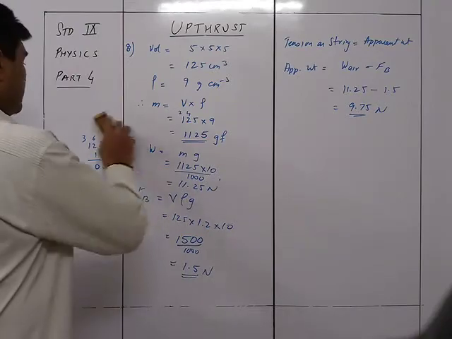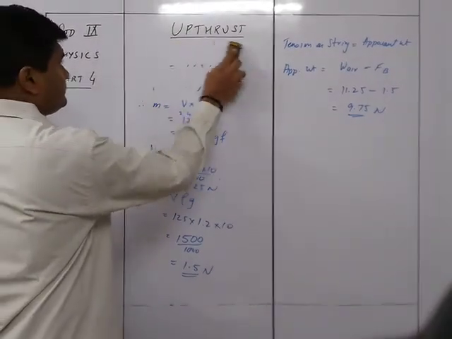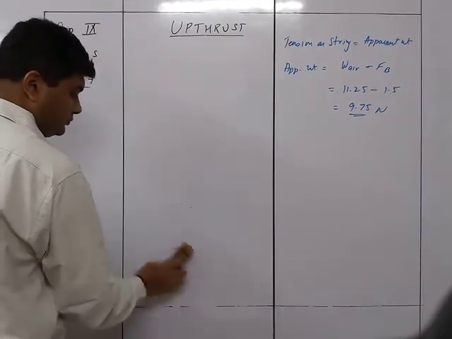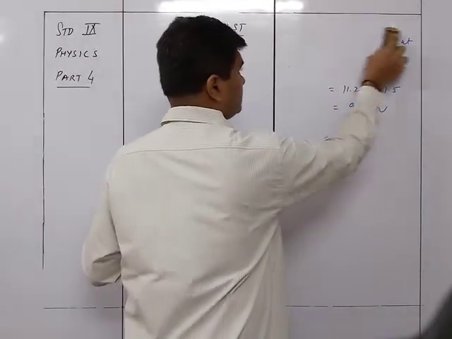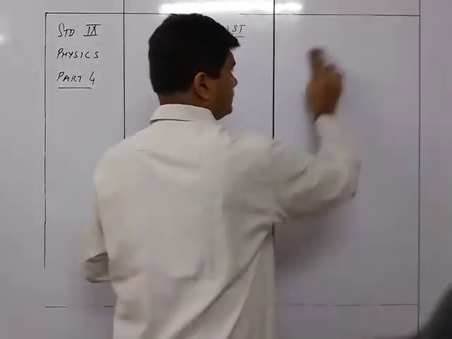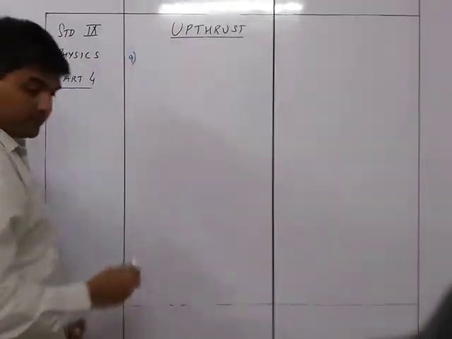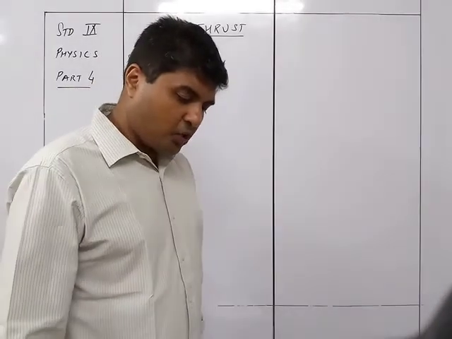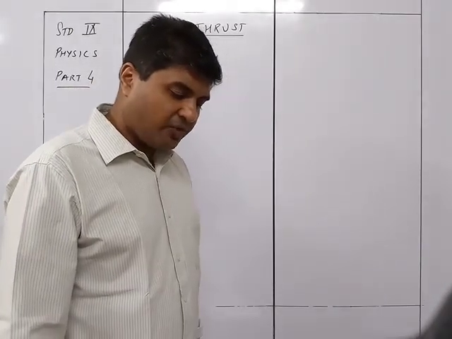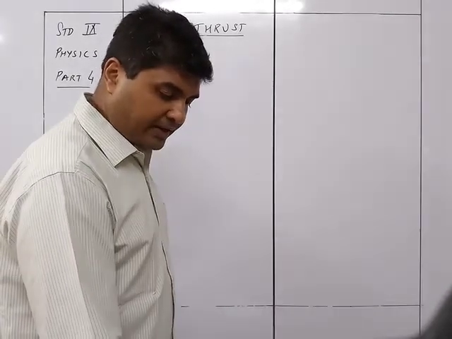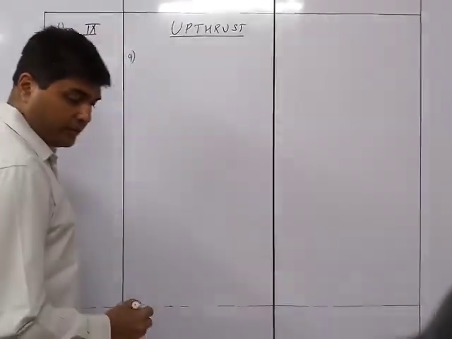We now move on to sum number 9. A block of wood is floating on water with its dimension 50 by 50 by 50 inside water. Calculate the buoyant force acting on the block. G is 9.8 Newton per kg.